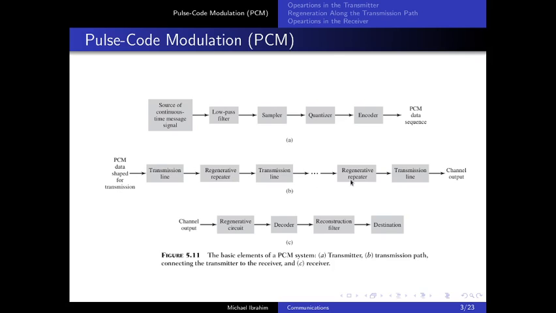Along the transmission path over here, we start using the so-called regenerative repeaters. If you remember from the previous lecture or the lecture before, we talked about the advantages of digital communication over analog communication. One of the advantages was the possibility of regenerating a clean copy of the message.